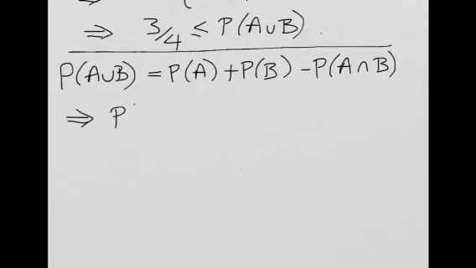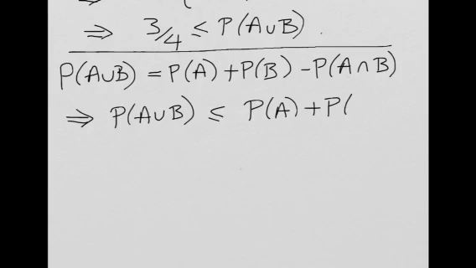So consequently, the probability of A union B can't be greater than the probability of A plus the probability of B. And as previously mentioned, neither can it be greater than 1.